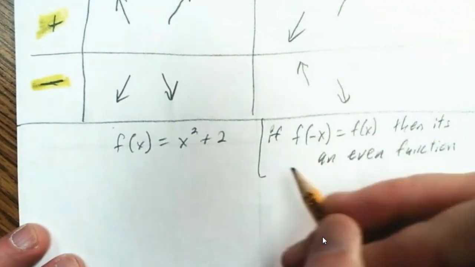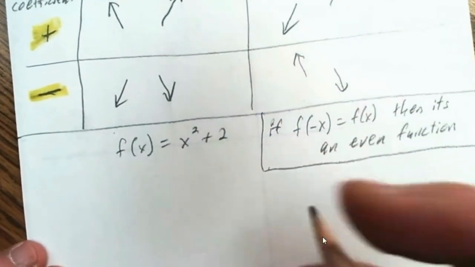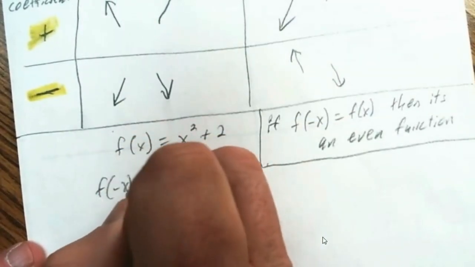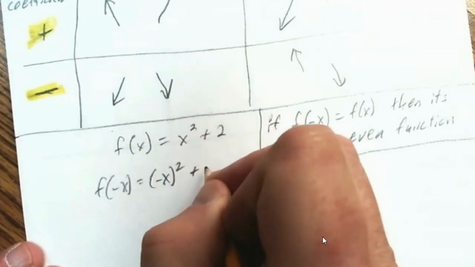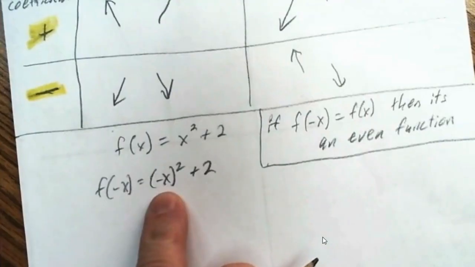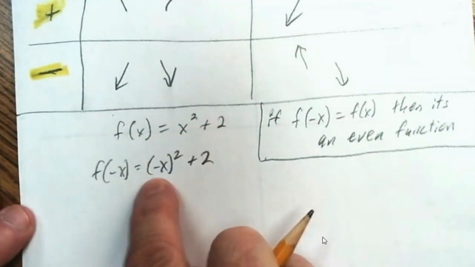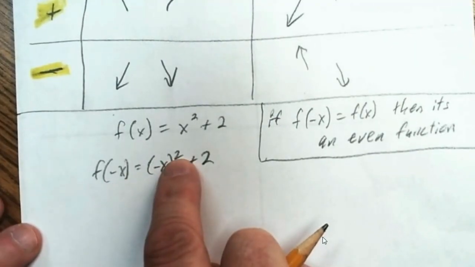There we go. If f of negative x equals f of x. What do I mean by f of negative x? Well, if we take negative x and substitute it in, see, I took out x and I substituted negative x in, because that's what I said to do here. Negative x. What is negative x squared?